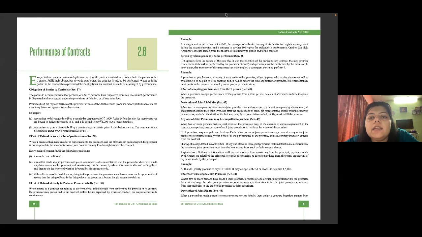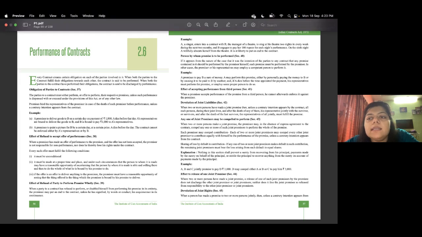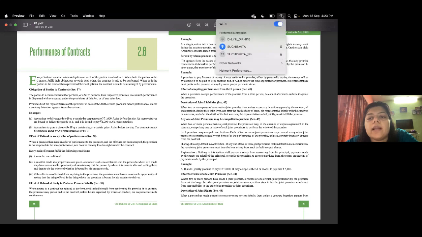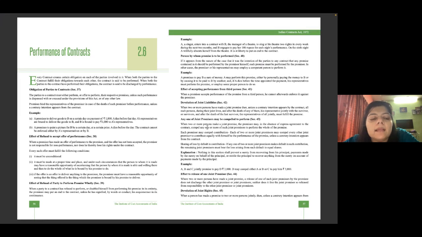What are the obligations of parties in a particular contract? The effect of refusal to accept offer of performance. So you talk about obligations of parties under Section 37, whereas Section 38, Section 39 talks about effect of refusal to accept the offer, effect of refusal of a party to perform a promise, and so on and so forth.